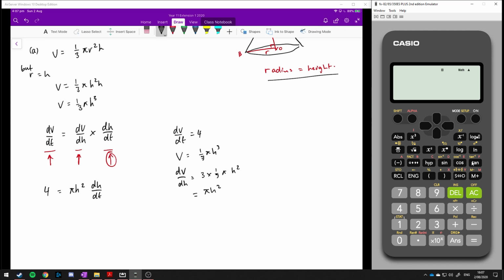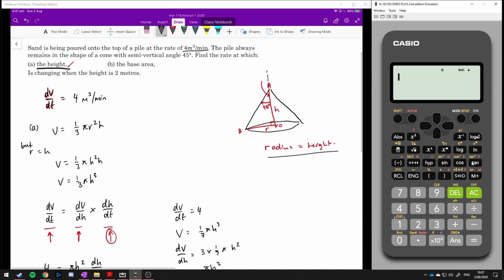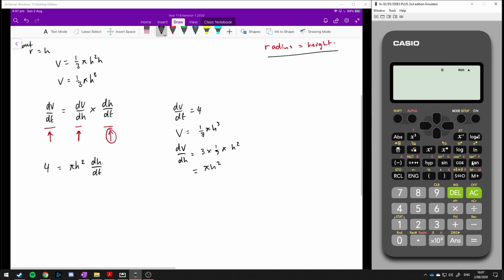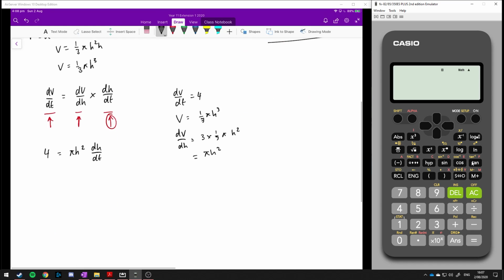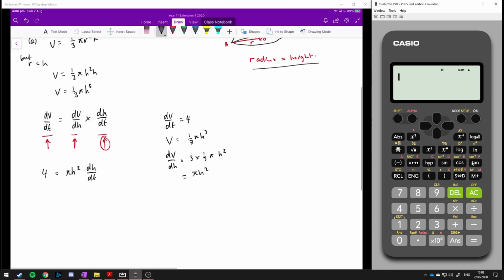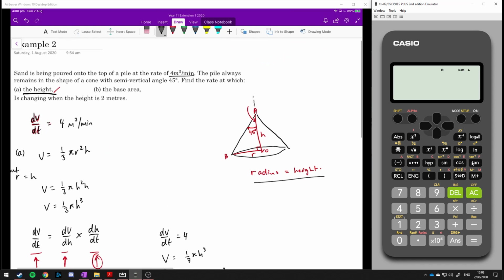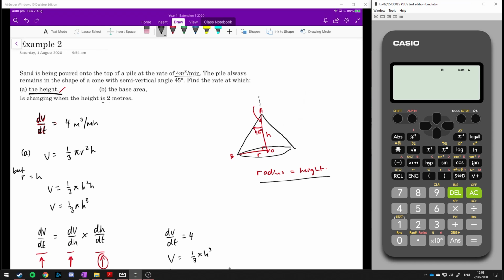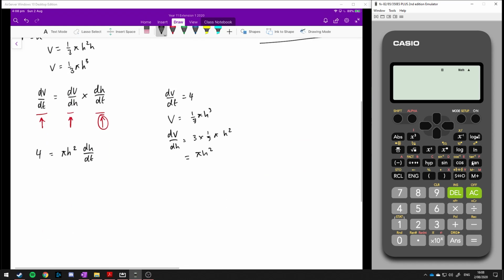Now what we want to do for part A is look for the rate at which the height changes with respect to time. So we're going to be substituting some values in. The first value we're going to substitute in is h equal to 2, because we want to find it when the height is equal to 2 meters.